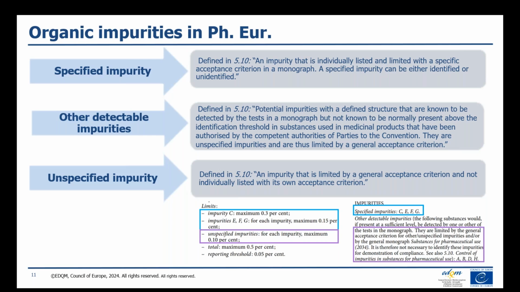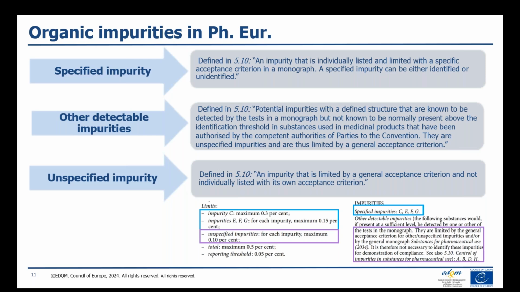Then we have the other detectable impurities, which are defined as potential impurities with a defined structure that are known to be detected by the test in the monograph, but not known to be normally present above the identification threshold in the substances used in a medicinal product. And they are unspecified impurities, so they are limited by a general acceptance criterion.